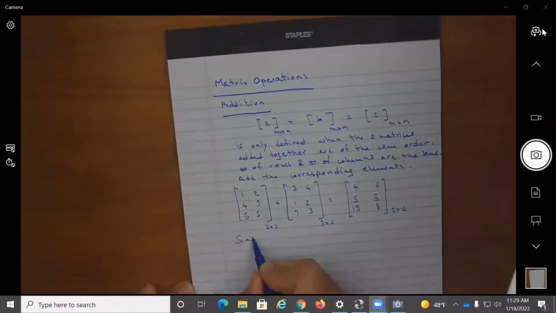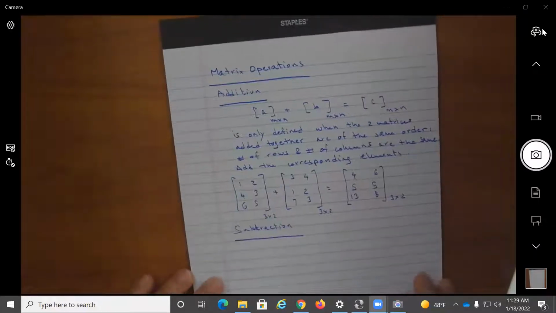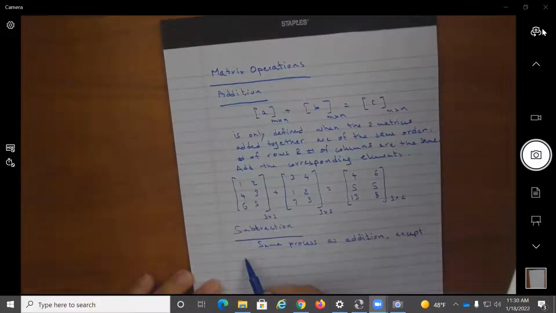Subtraction. Same process as addition, right? Except, of course, that you are subtracting corresponding elements.